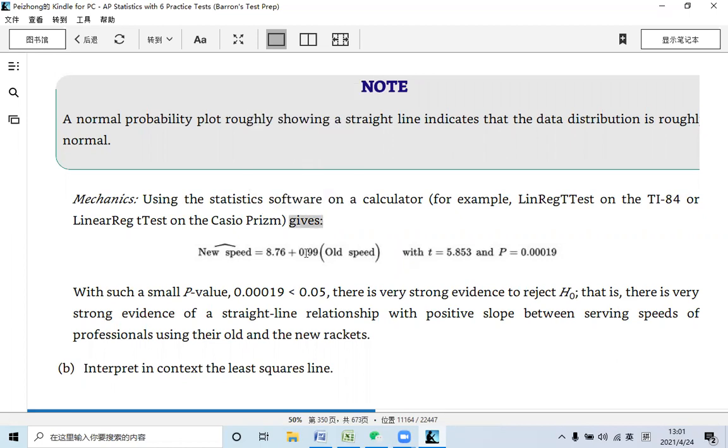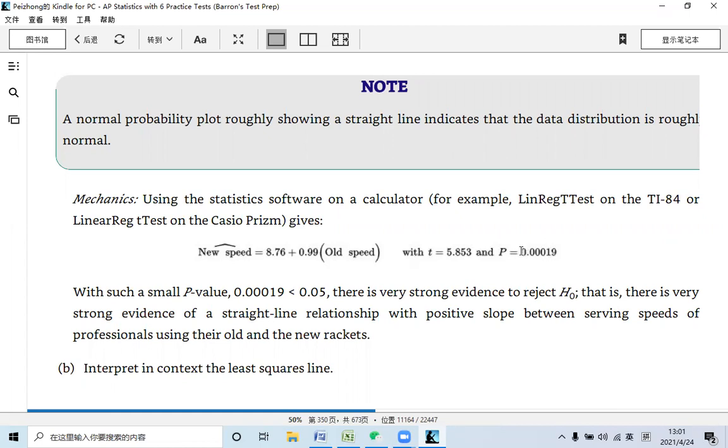Here, the slope is indeed positive, 0.99. The intercept is 8.76. And then give the t value. T is 5.53. P, that's a probability.